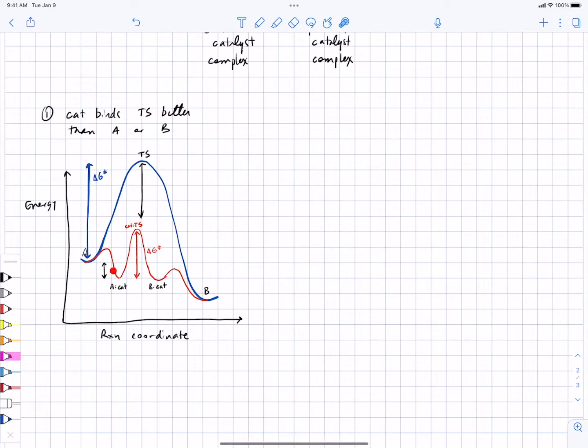Okay, if you do that, but don't bind the transition state, then what's going to happen? Let's say the catalyst binds substrate A better than the transition state.